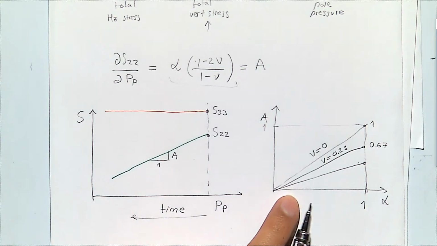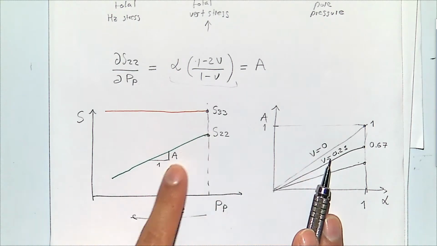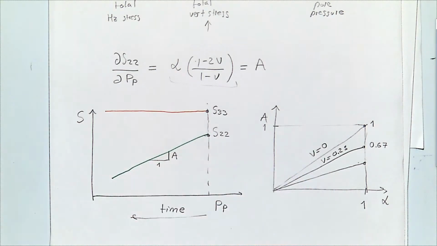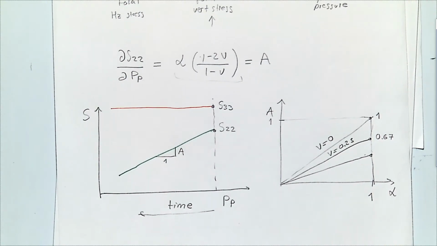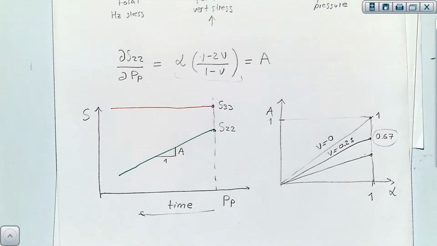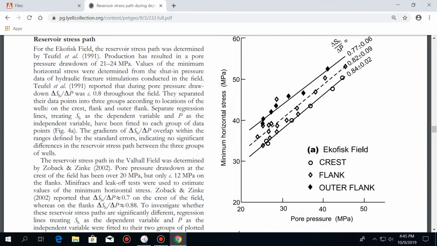The smaller the Biot coefficient, the smaller also this slope is going to be, but in general it's going to decrease with bigger Poisson ratio and with smaller Biot coefficient. So let's take that number for a relatively high Biot coefficient and a typical Poisson ratio, and let's compare it with the experimental data.